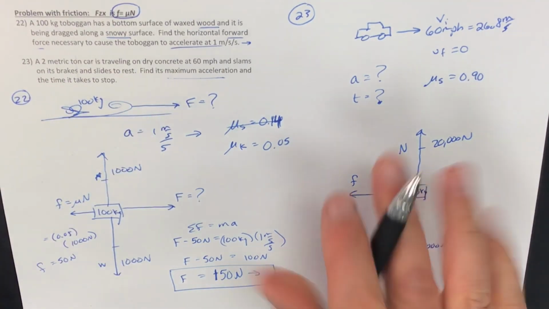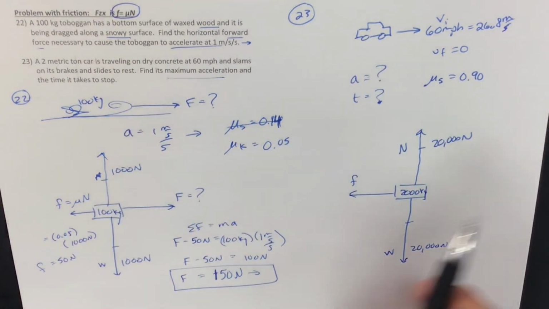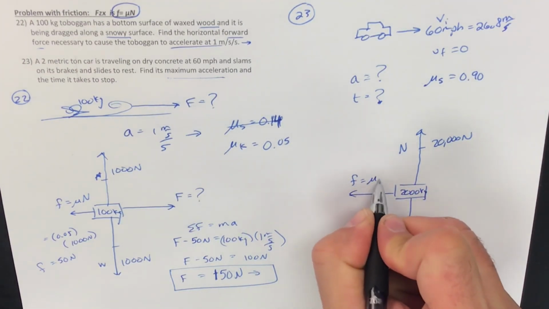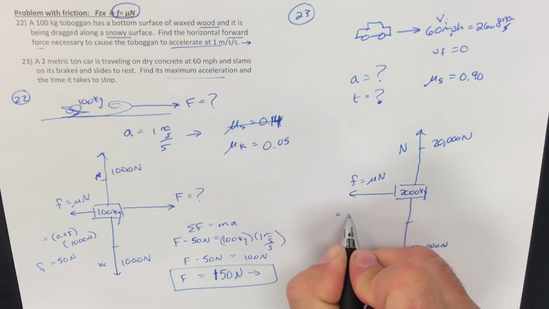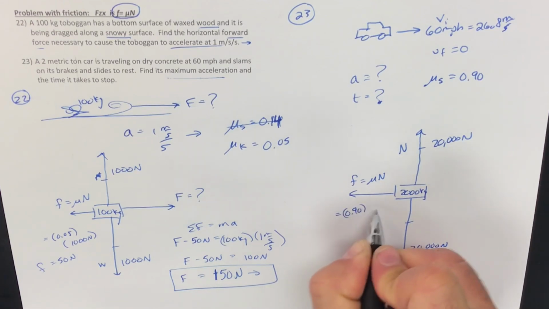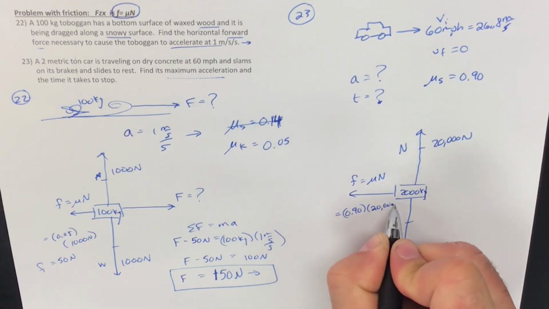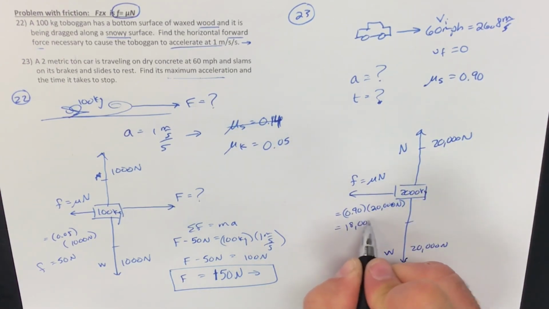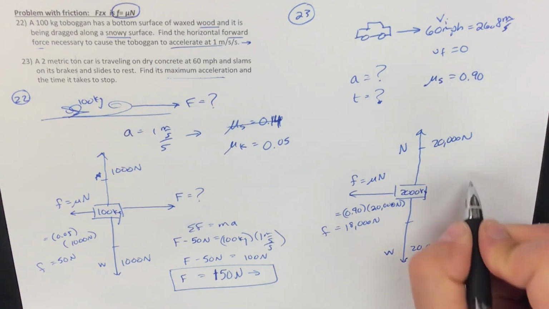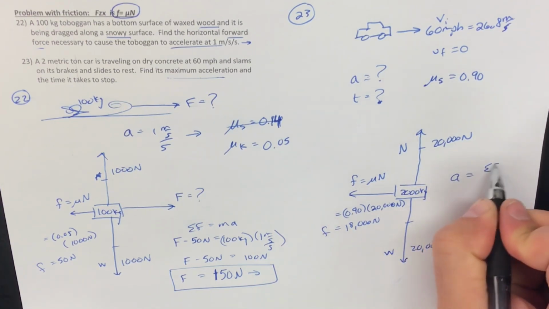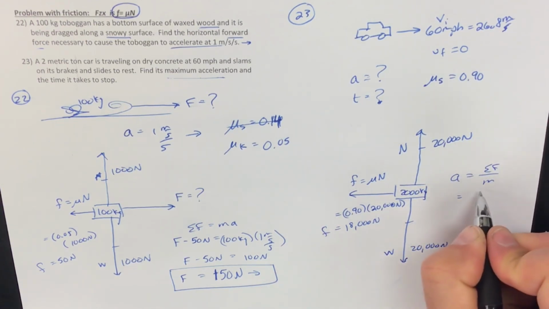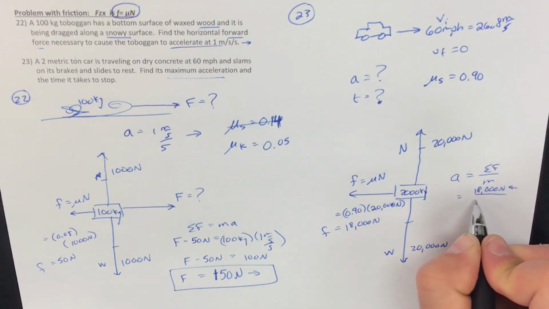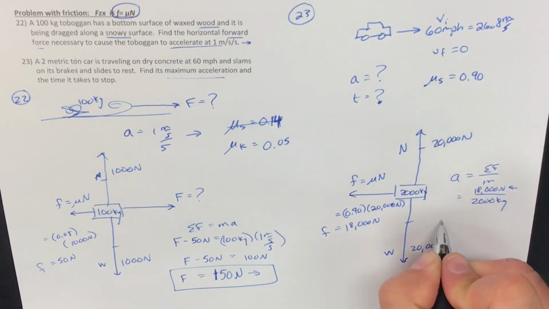You switch your foot from the gas pedal on the right to the left-hand side, and you get the friction force: coefficient of friction times the normal force, which is 0.90 multiplied by 20,000 newtons from up here. And 18,000 newtons is the force, and that would be the net force also. Acceleration is net force divided by the mass, which is 18,000 newtons backward divided by the 2,000 kilograms.